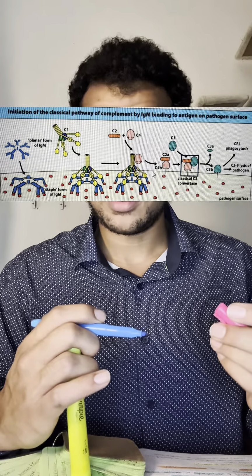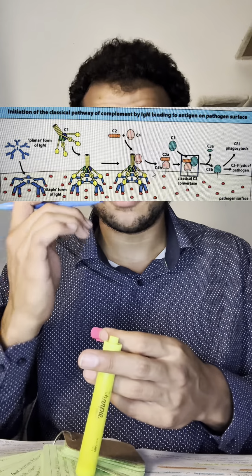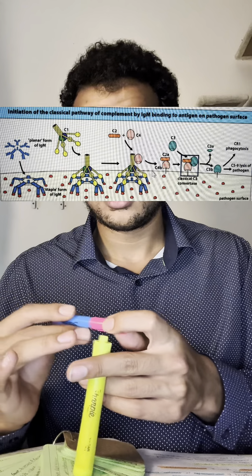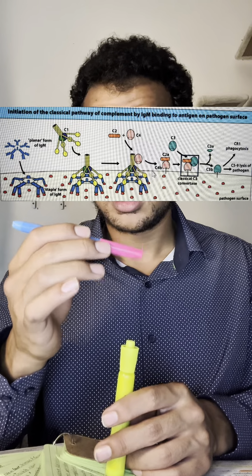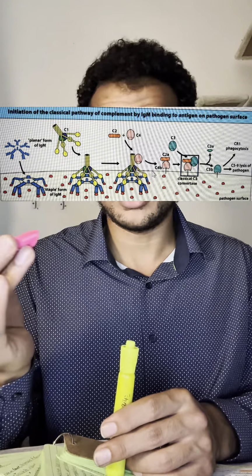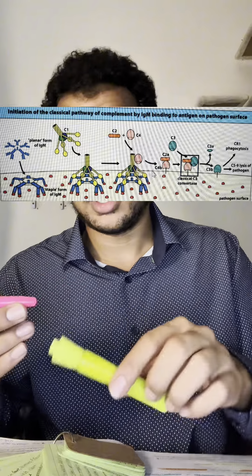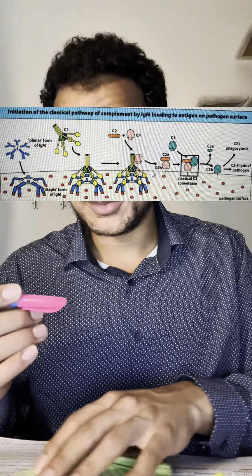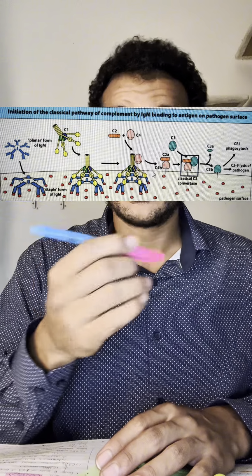So what you have now is C2a and C4b combining, forming a C3 convertase, which means it cleaves the C3 molecules into two pieces, as the C1 just did to both of those.